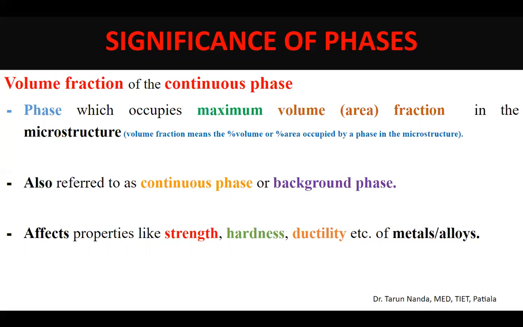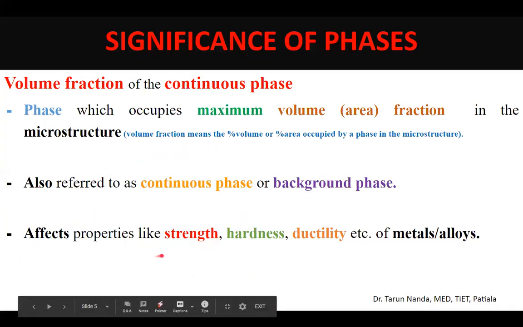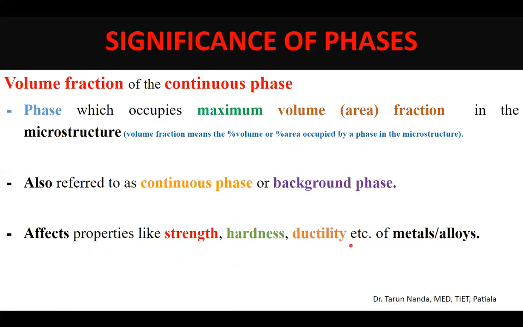The continuous phase, the primary phase, would affect more properties like the strength, the hardness, the ductility. On the contrary, properties like machinability, hardenability, impact strength, etc., would be more affected by the secondary phase and not by the continuous phase.